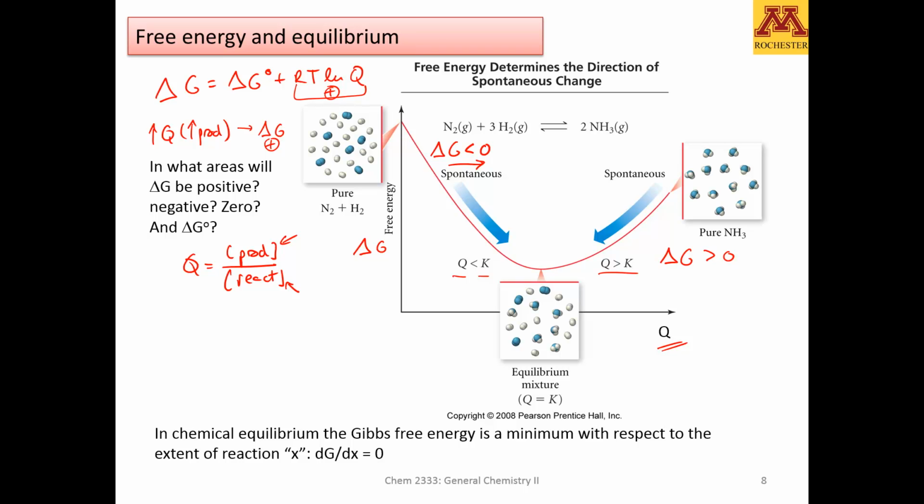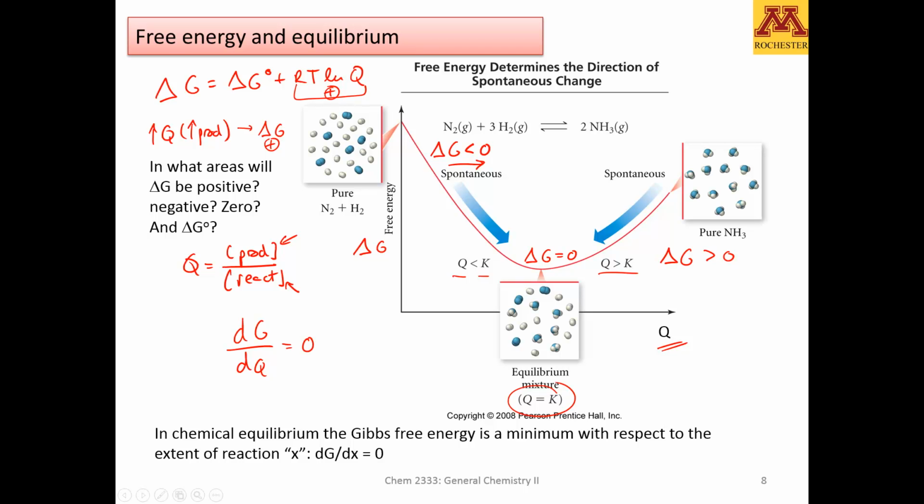Okay. At some point, when Q is equal to K, your delta G is 0. You will see also that a more accurate description, instead of talking about increments, is that in terms of Q, the derivative of G versus Q is 0.